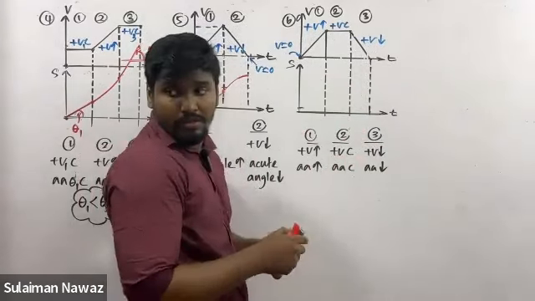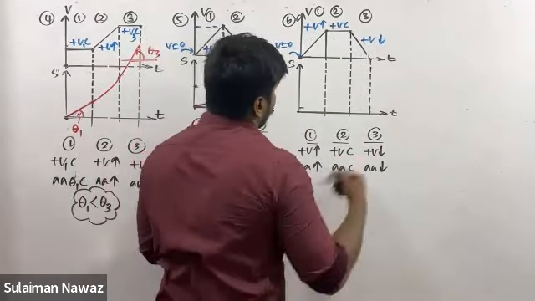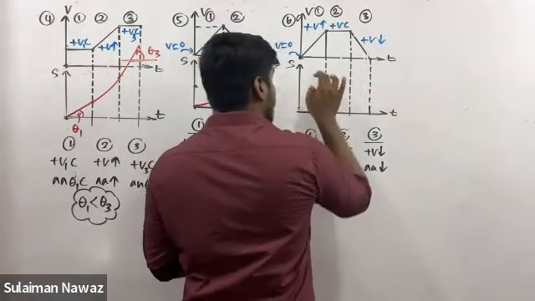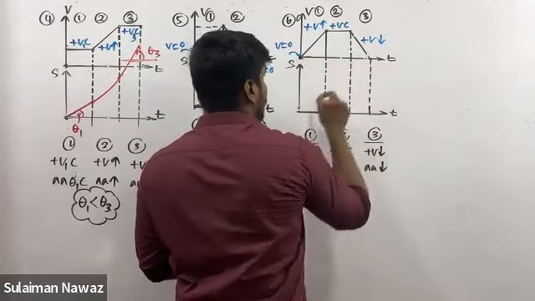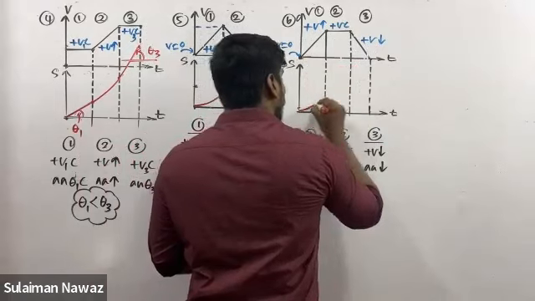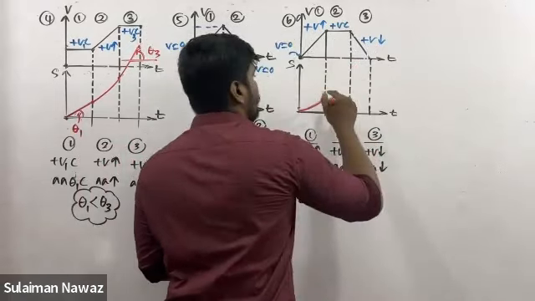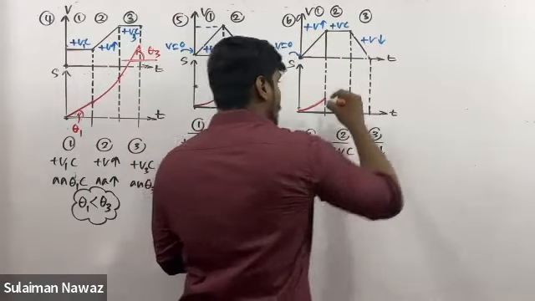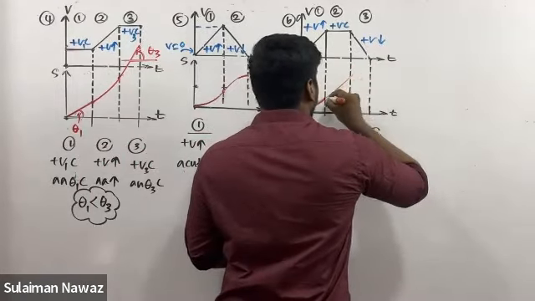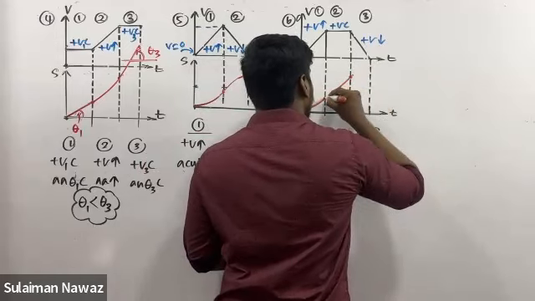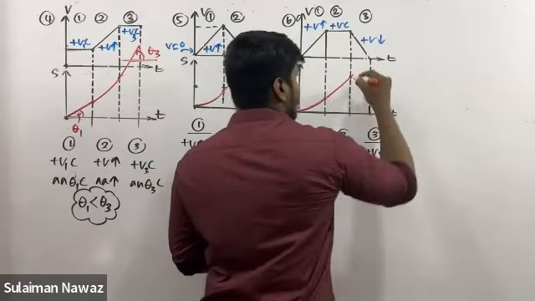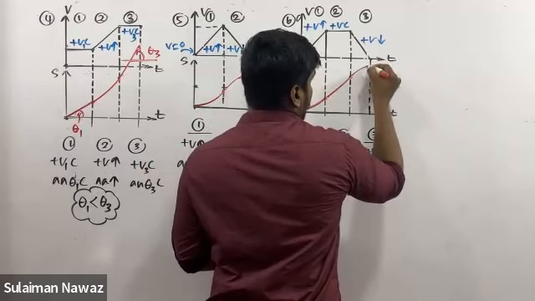Now this time acute angle increases. Initial velocity also 0, final velocity also 0. Okay, curve. Acute angle constant. Acute angle decreasing. Final 0.